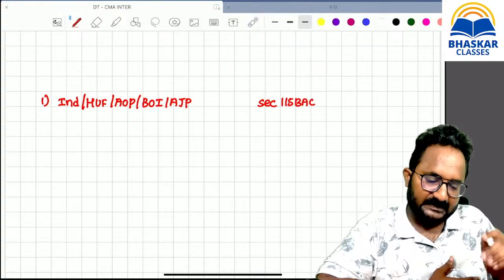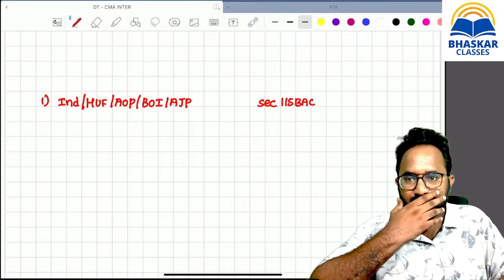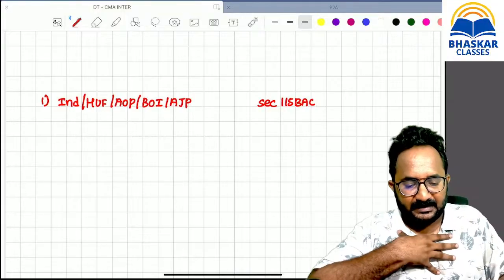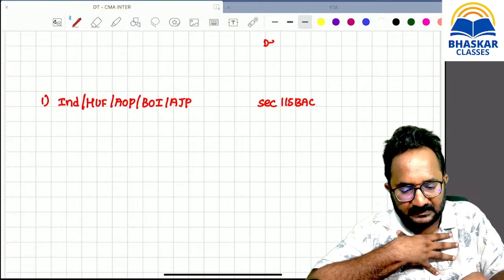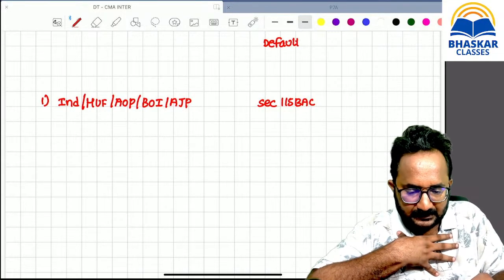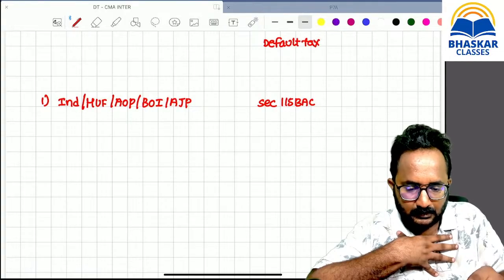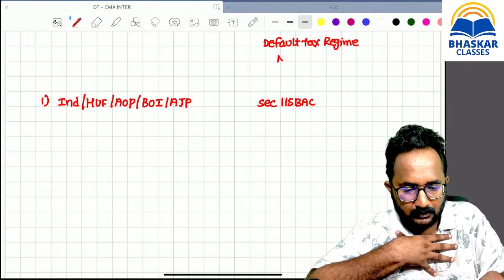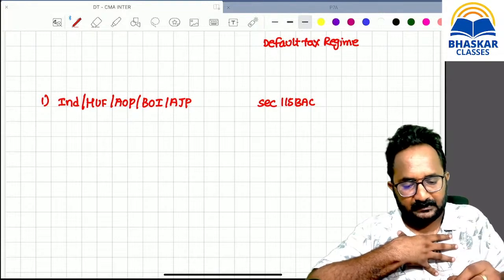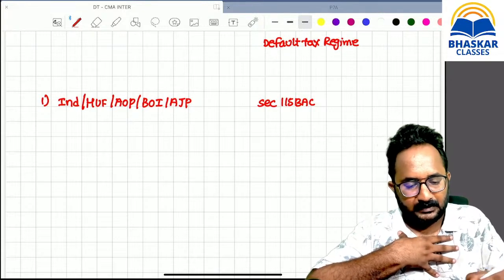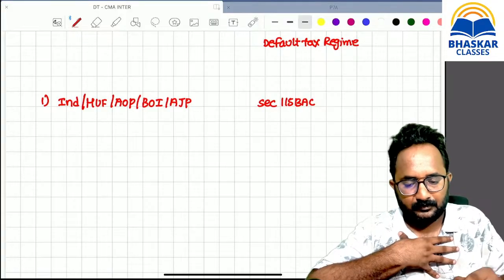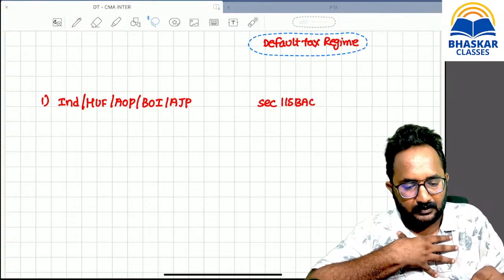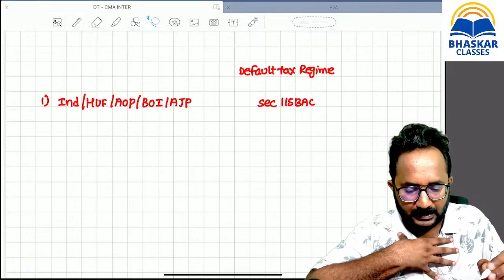Why 115BAC? Because they are saying it is the default tax regime, or a new regime, for individual, HUF, AOP, BOI, AJP.